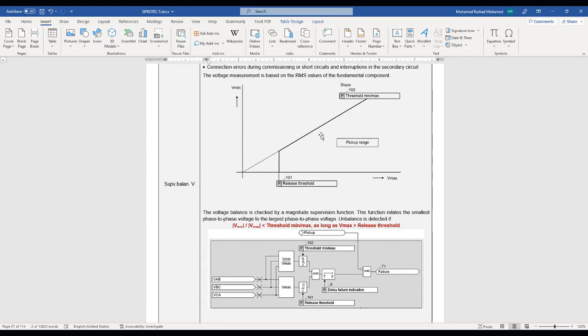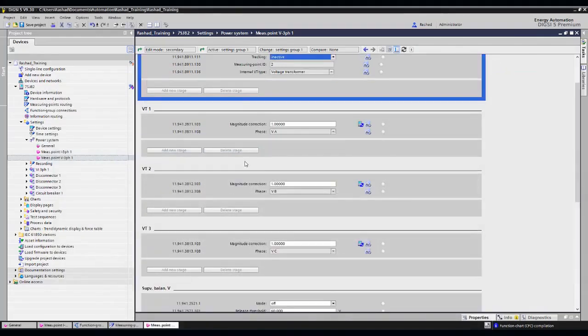The smallest phase-to-phase voltage should not be far from the largest phase-to-phase voltage. At that point, it will definitely block the dependent function or trigger an alarm indicating there's an issue with the VT. Of course, this is different from the fuse failure function, which is another separate matter. So we have now finished the section related to the power system.